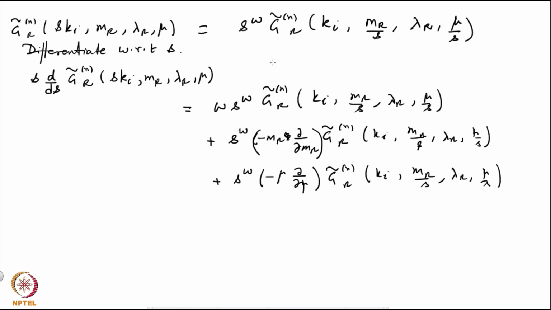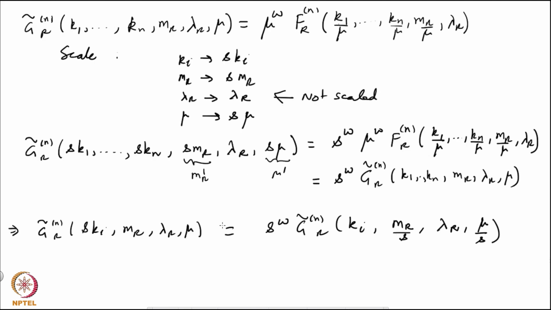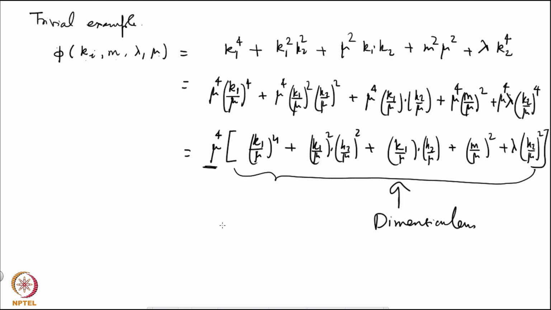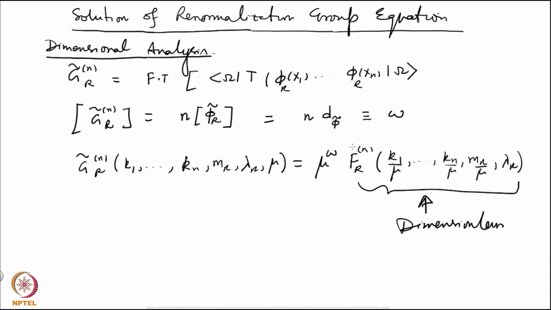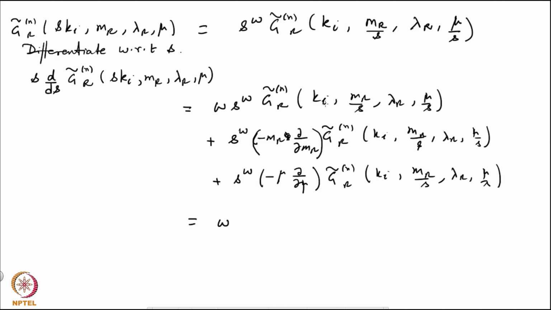Okay. I will tell you in a moment, but let me just club everything together. So this is omega, and you remember what omega was? Omega was the dimension of gr, okay, which is n times the dimension of phi tilde. Okay.